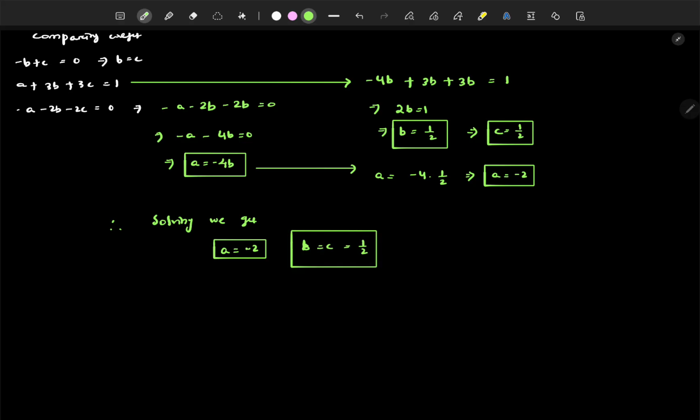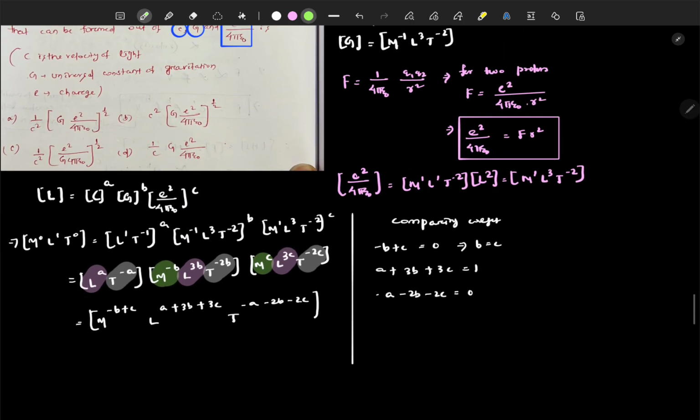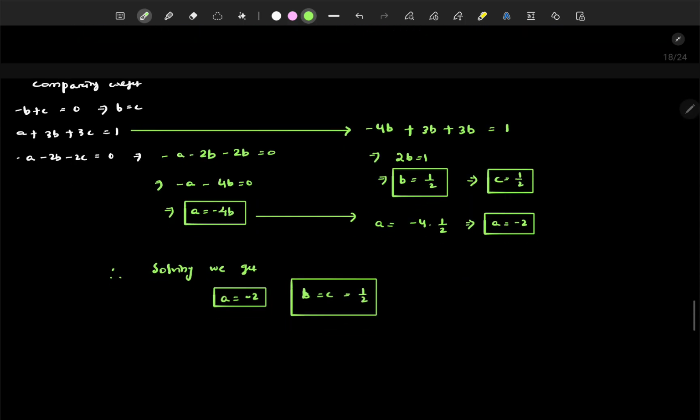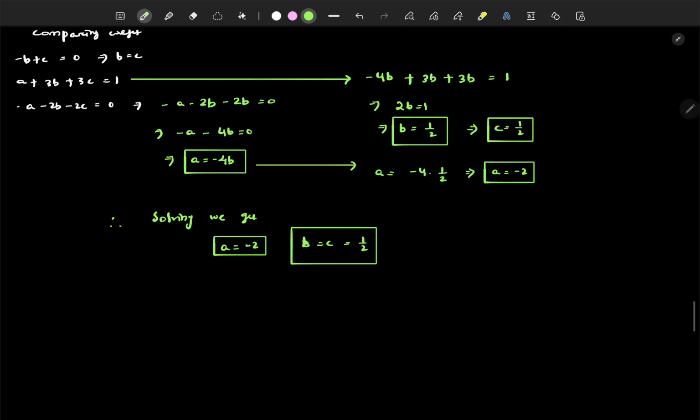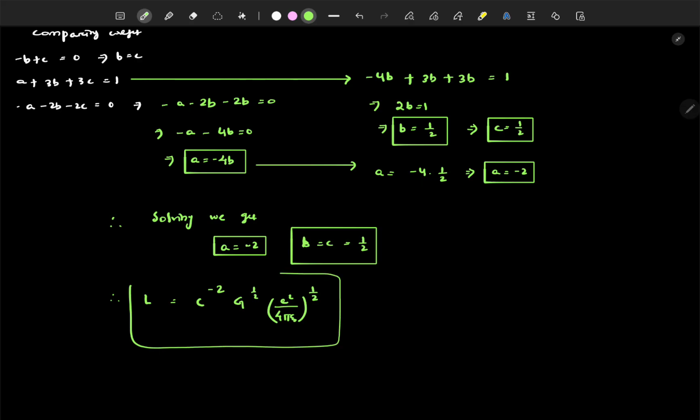So now the expression 1 becomes, see the expression 1, thus L is equal to, the question was length L, what will we write? C power A, so C power minus 2, then capital G power B, that means 1/2, then e square by 4 pi epsilon naught power C, that is 1/2. This is the value of L.